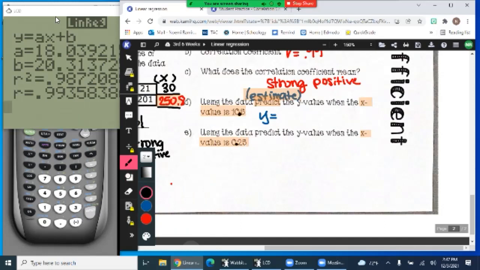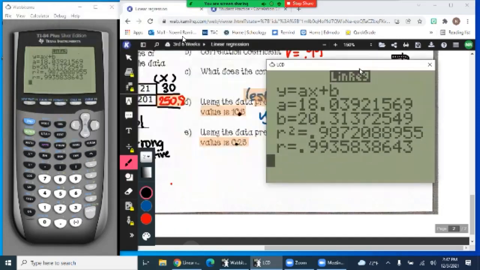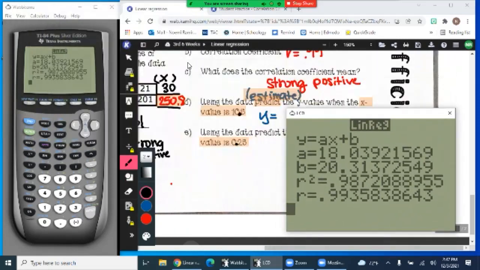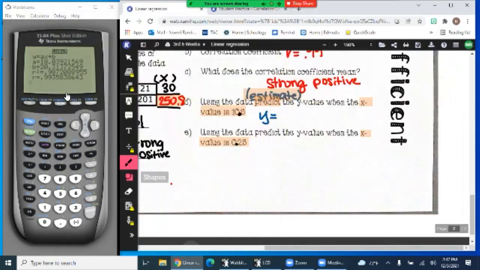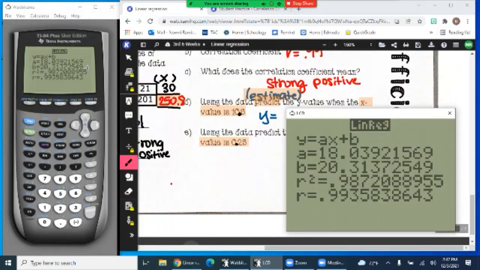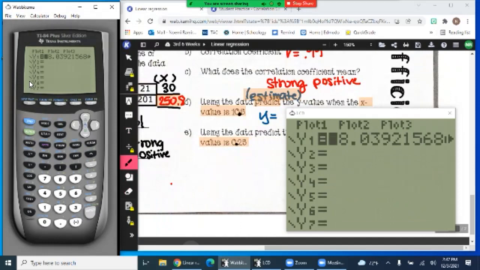Okay, so where do I need to go into my calculator to find what Y will be? First step, what do I need to do? What do I need to check? If I don't have any numbers there, what did I forget to do? Step 7, alpha trace. Now I check it. I do have my equation in there. How can I go straight to that 10.5?